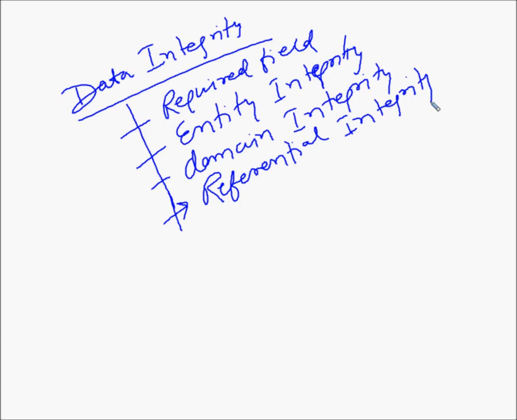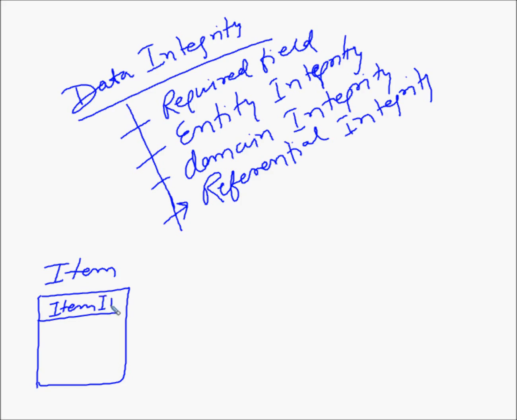Now consider you're having a table, and that table is the item table. Okay. Here I have columns: item ID, item name, quantity on hand, and price. I have another table, say sales.